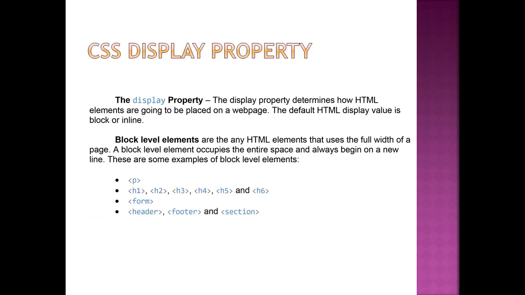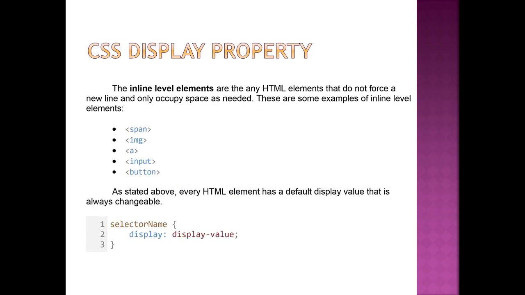Block level elements means it uses 100% width on a web page, like paragraph, headings, form, header, footer, and section. And inline level elements is not using 100% width in the web page, which means it only occupies a given space or specific space on the web page, like span, image, anchor, input, and button.